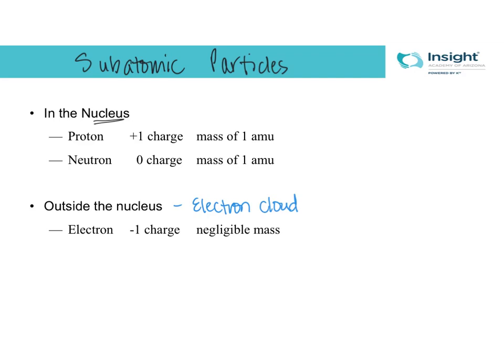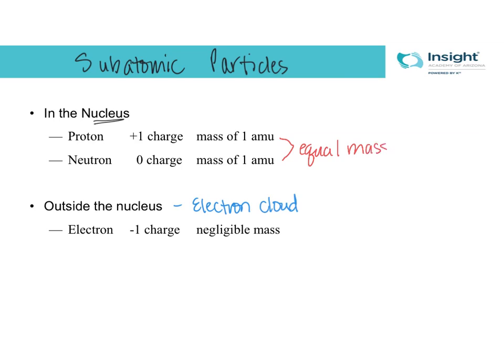All right. But you've got your proton with a +1 charge, neutron with 0 charge, electron with -1 charge. And we're going to talk about this in more detail next set of lessons, but your proton and your neutron have equal mass of 1 AMU, which is atomic mass unit.